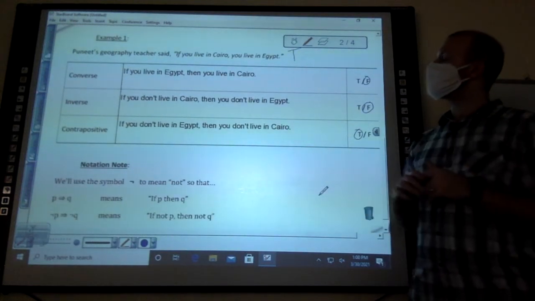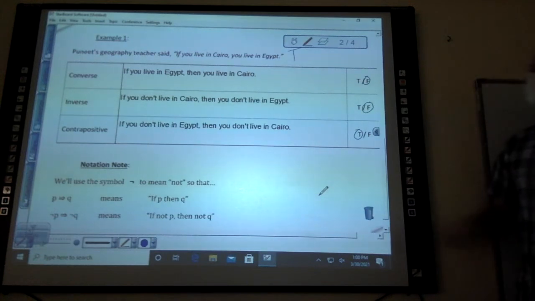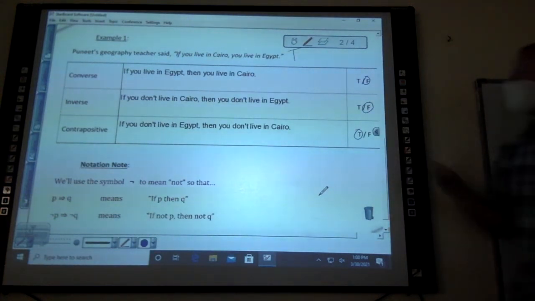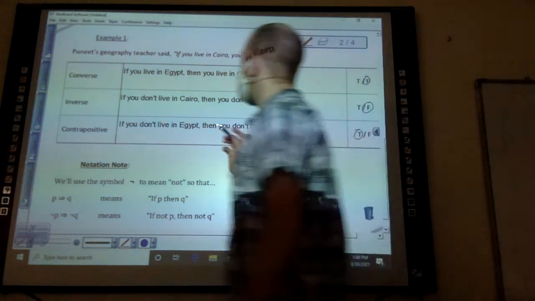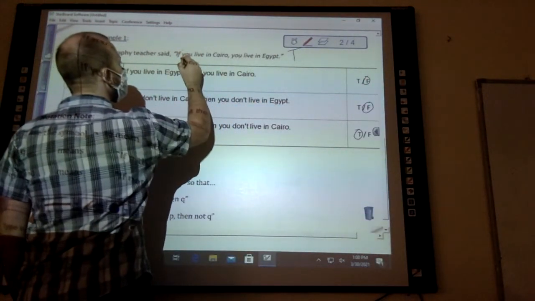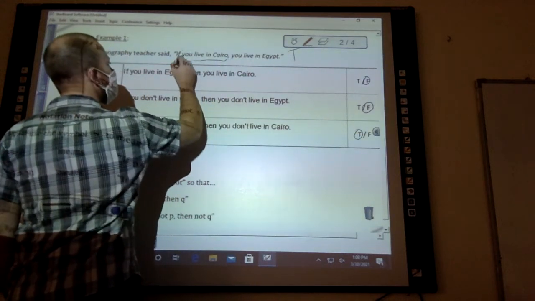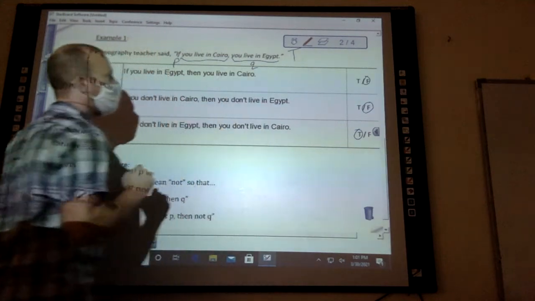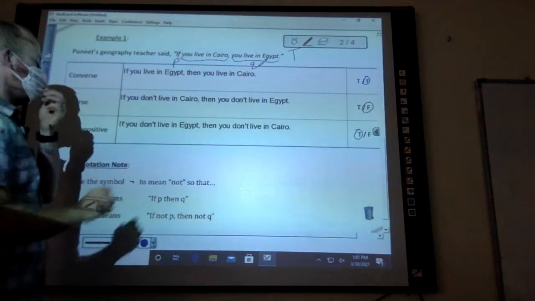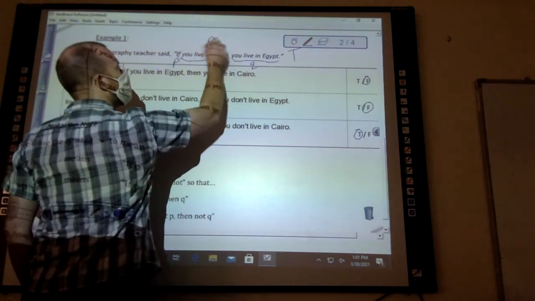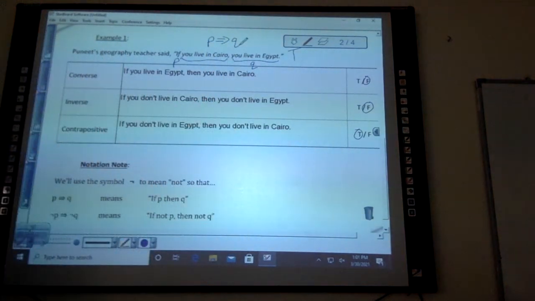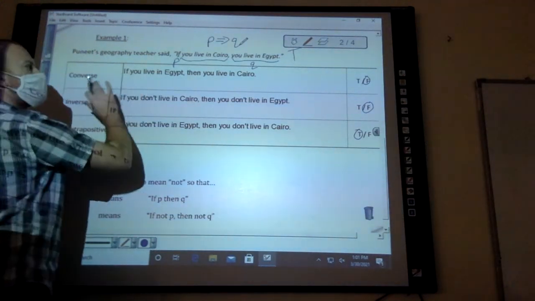So we can write out all these statements with proper notation like this. Let's go back and look at what this is. Remember, the if part is P, and the then part is Q. So in my original statement, I'm saying P implies Q. If P, then Q. In the converse, I switched those.